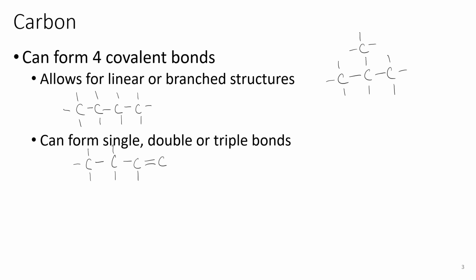From that double bond, I can then also have carbon have a triple bond associated with it, which will continue along the chain, giving me different patterns and different arrangements for all of those different carbon atoms. What you do want to recognize is that even when we have our double or our triple bonds, we still only have 4 bonds connected to our carbon atoms.